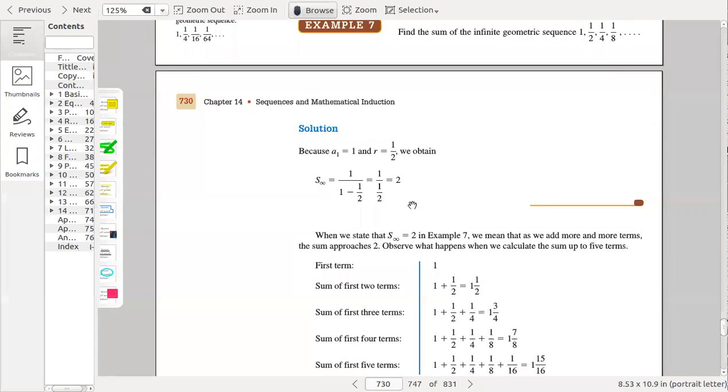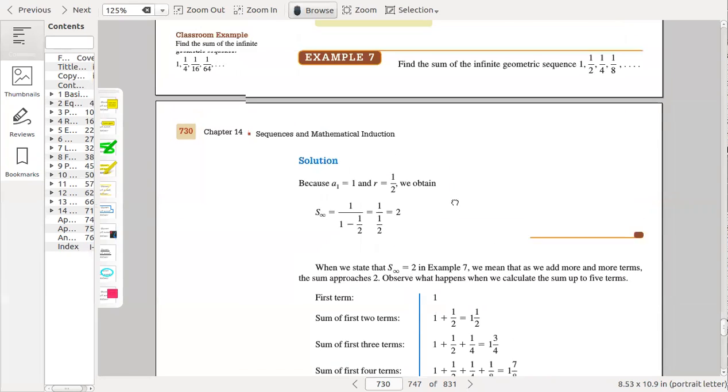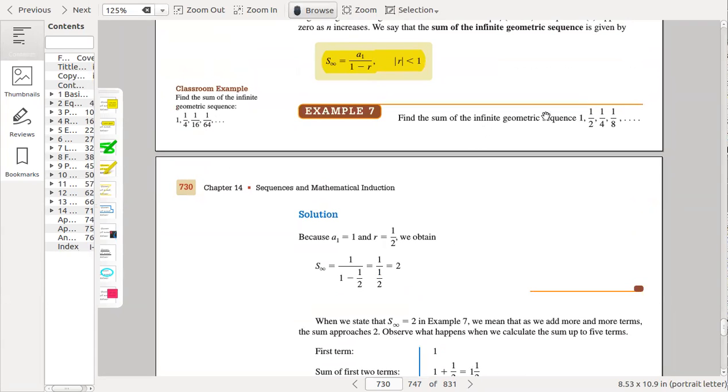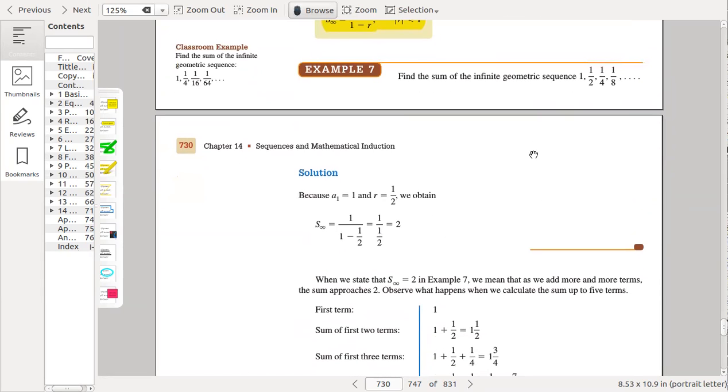That is why we can use S infinite is equal to a1 over 1 minus r. So 1 minus half is half, and 1 over half is equal to 2. It means that if we add as many terms as we can, the sum must be 2, and it cannot exceed 2.